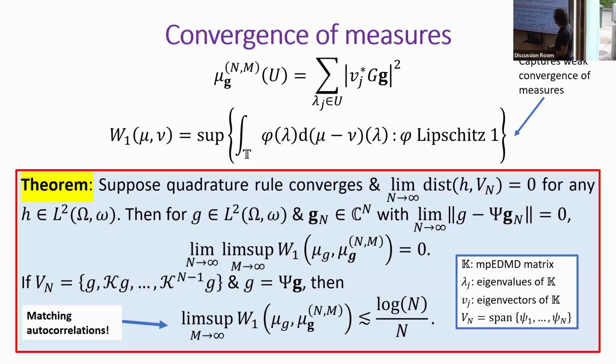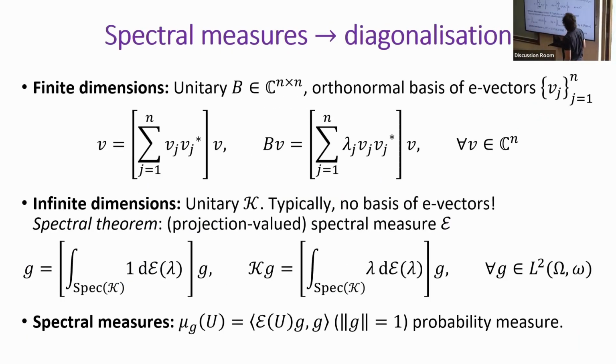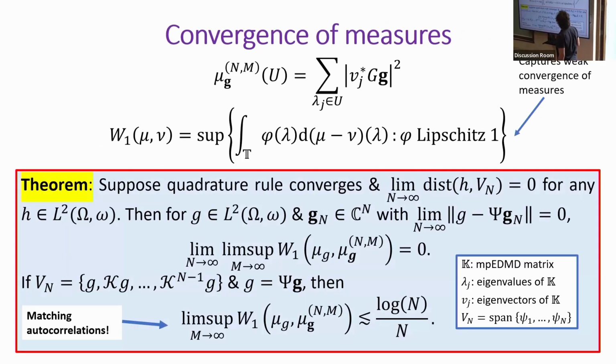This comes through taking the Fourier expansion of a Lipschitz function and matching moments. The moments correspond to powers of K. What's g_n? Well, g is just my expansion. In fact, it's any vector g_n that satisfies this. I'm thinking of these as approximations of g inside my subspace.